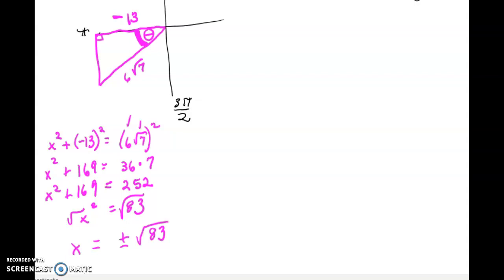This is actually the negative value of the triangle. It's the sine value, it's the y value. So we're going to use negative square root of 83. Okay, that makes sense. Negative 13 for the x value, negative square root of 83 for the y value, and the hypotenuse is 6 root 7.